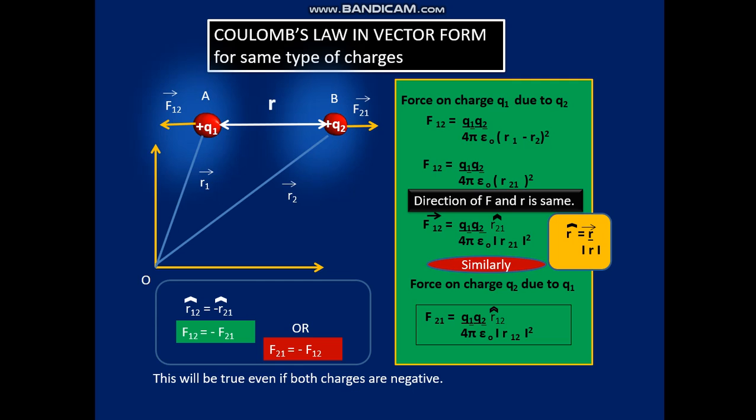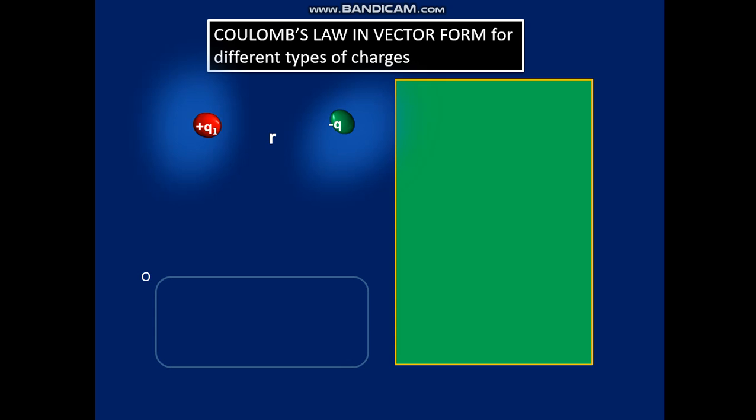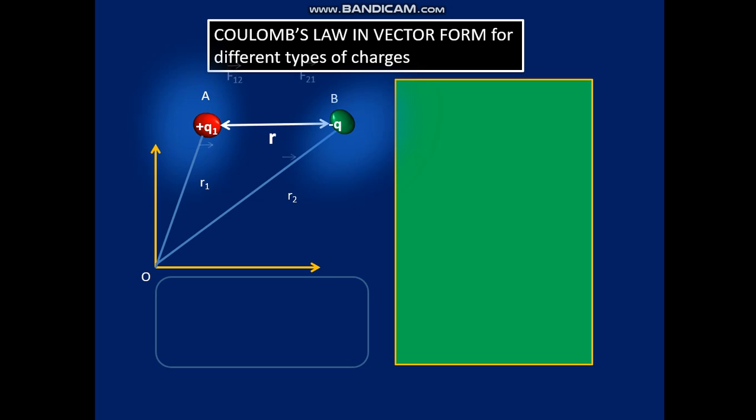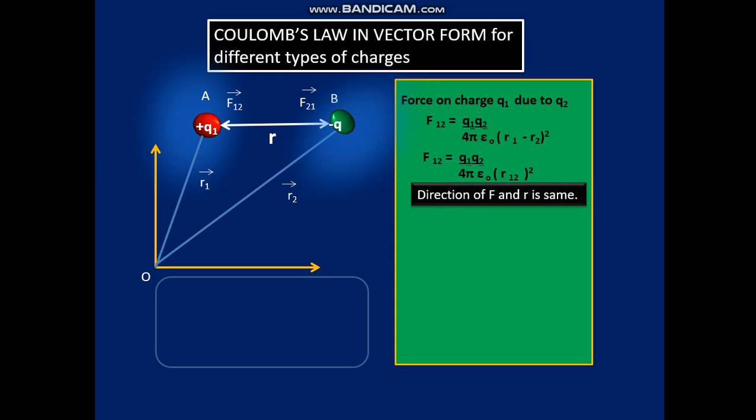This will be true even if both charges are negative. Now Coulomb's law when there are different types of charges, plus and minus: we put them at the origin again, and the same thing continues. The force on charge q1 due to q2 will be F12 equal to q1 q2 upon 4 pi epsilon, |r1 minus r2| squared. Again the direction of F and r are the same. The vector F12 is equal to q1 q2 upon 4 pi epsilon times the unit vector r12 upon mod r12 squared.